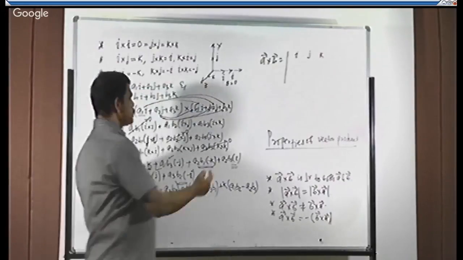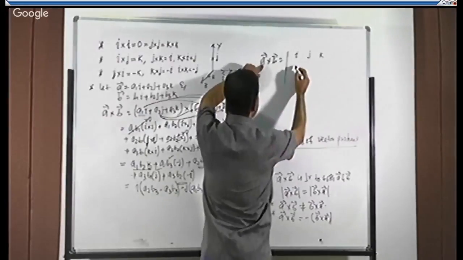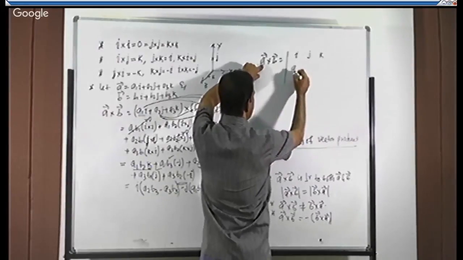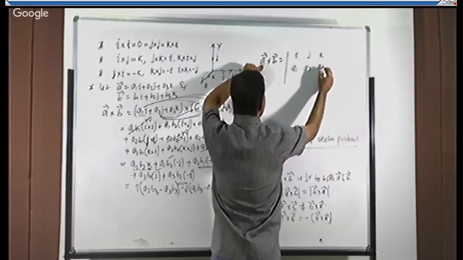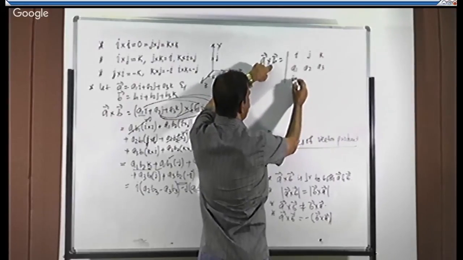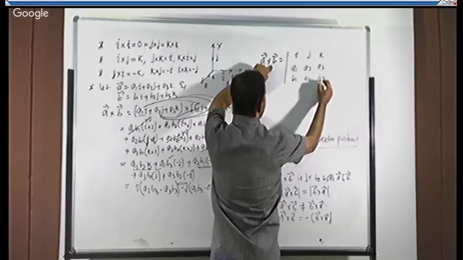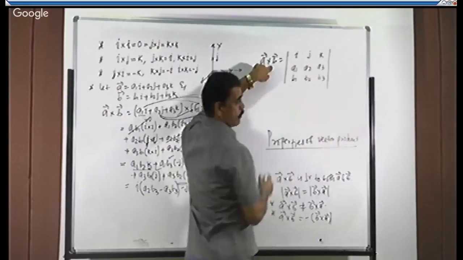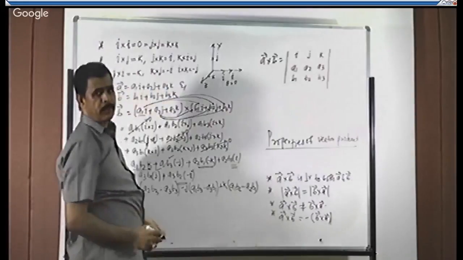Next, the second row is always the constants of vector A, that is A1, A2, A3. The third row is always the constants in the vector B: B1, B2, B3. This is called A cross B.